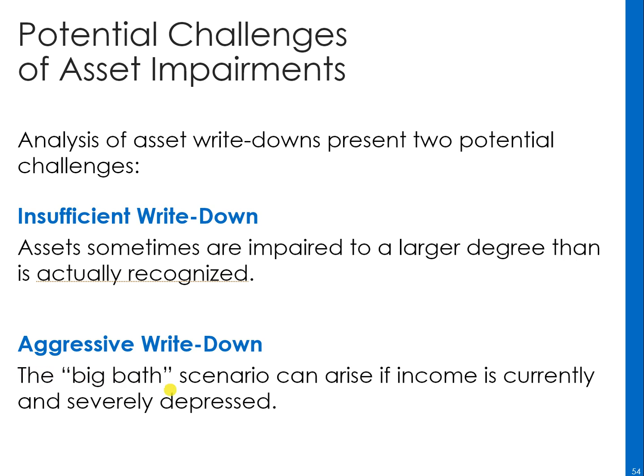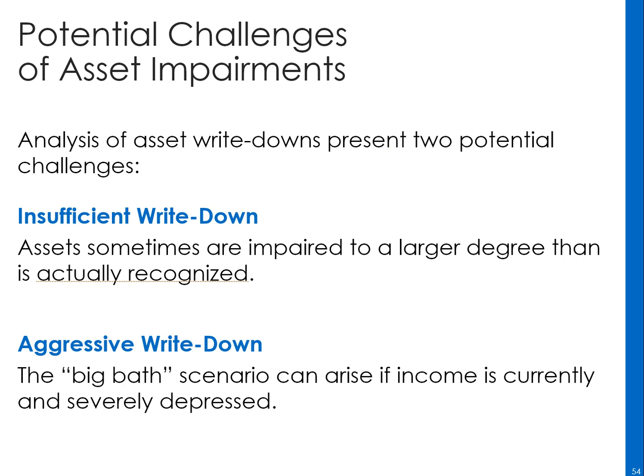We call this big bath strategies, especially in the year of restructuring or management change. They aggressively write down the existing book value of PP assets, booking a huge loss. The benefit is obvious for the next few years: we carry lower expenses when we use those assets, and our profit goes up.